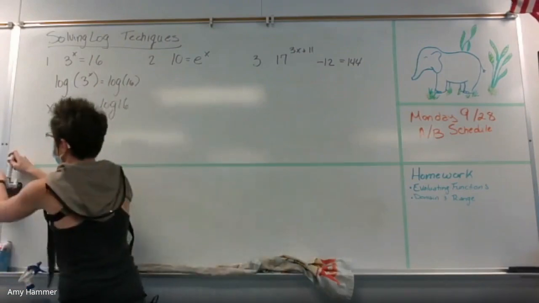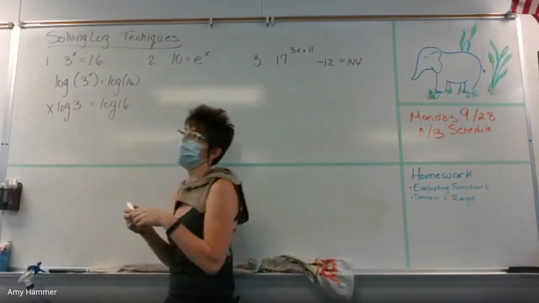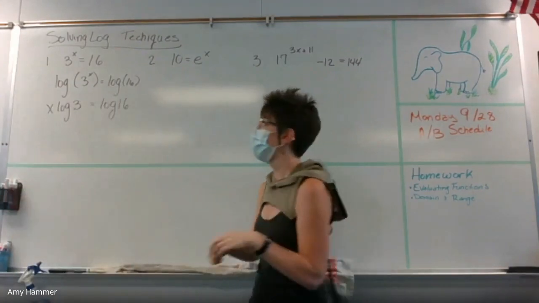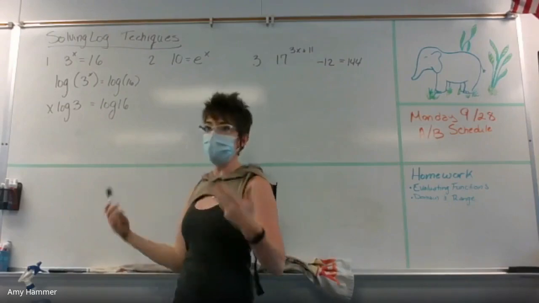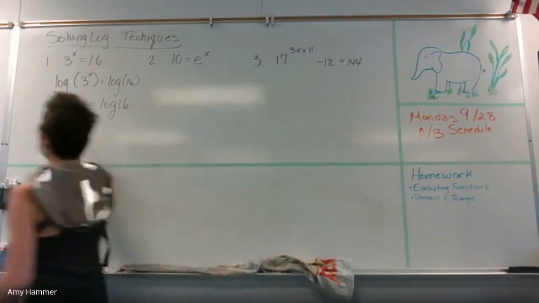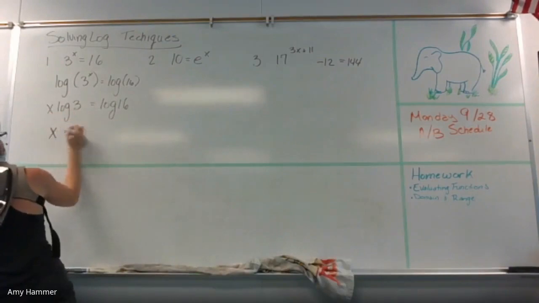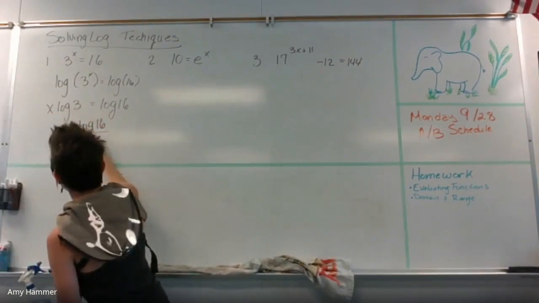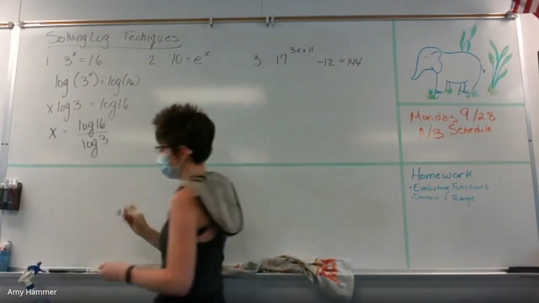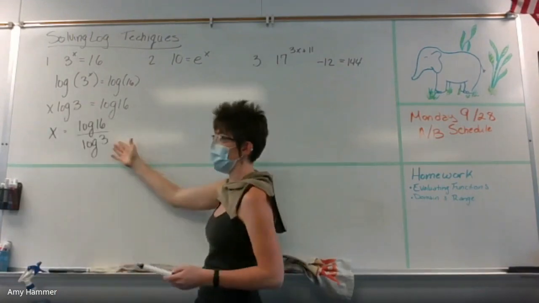And then I hope you guys are comfortable and happy with this idea that log of 3 is literally just a number. You plug it into your calculator, it behaves like a number, it is a number. So I can divide by it and get x by itself, just dividing both sides by log of 3. By the way, this is an exact answer.